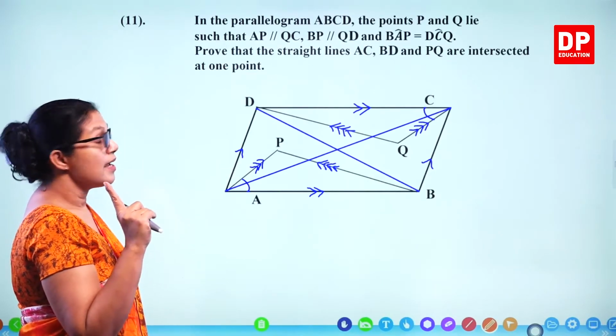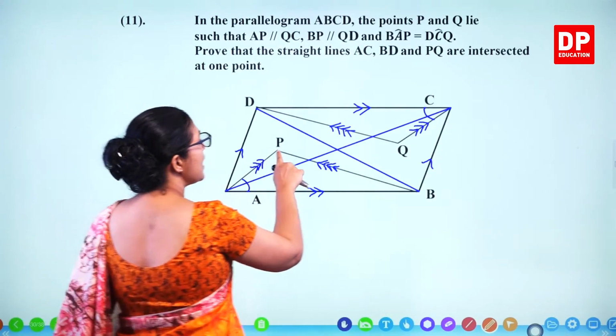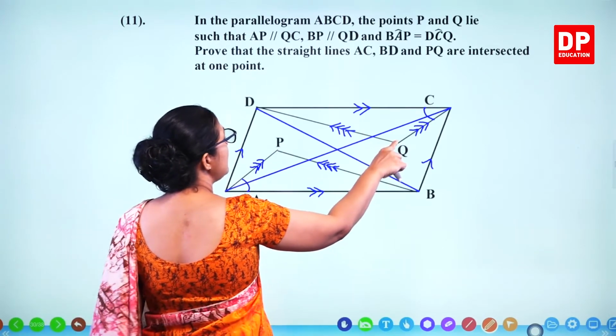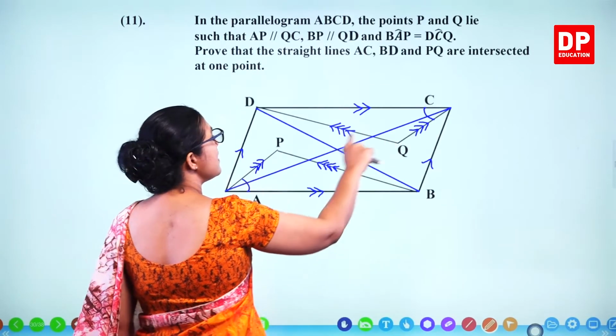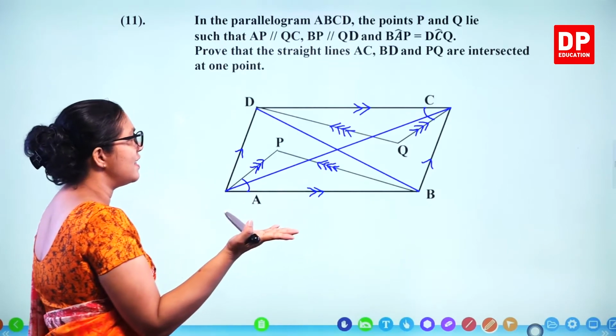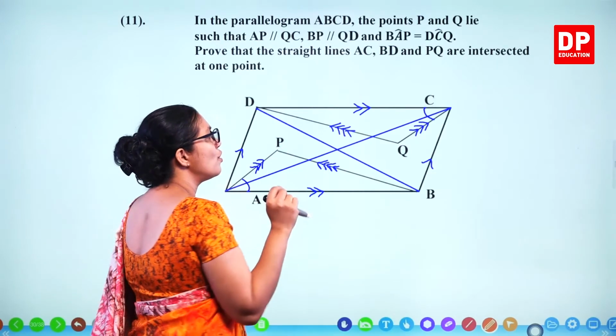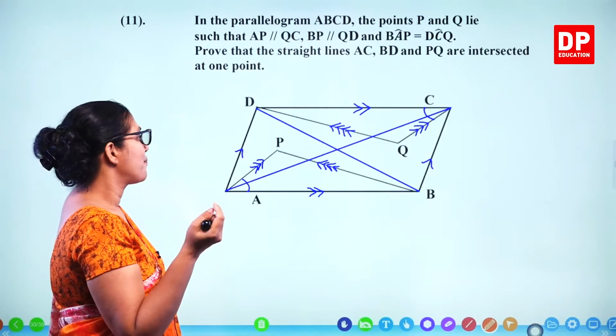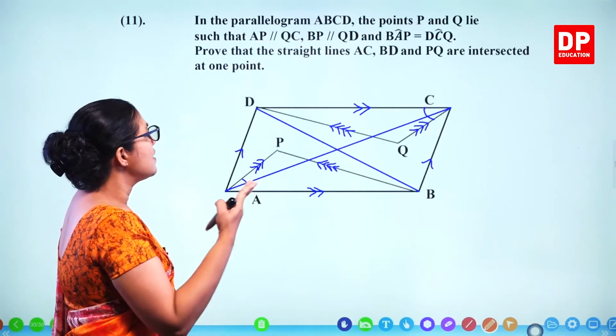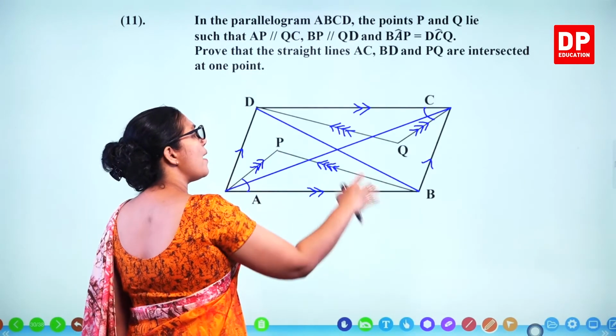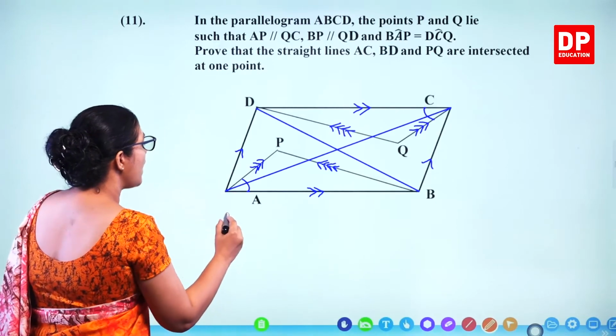Then in that parallelogram, PQ is the diagonal and AC is the other diagonal. So definitely it should pass through this point because AC is one diagonal for the other parallelogram. So we'll try to do that.